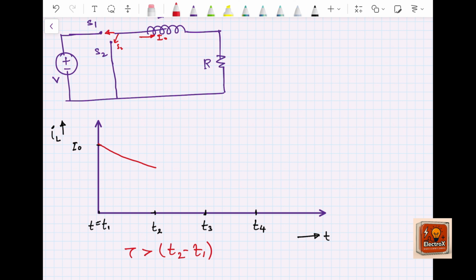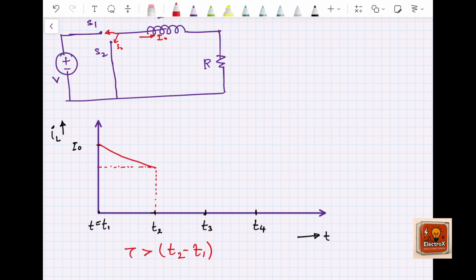Then what will happen? If this time constant is very high, it will not fully discharge, or it will not discharge up to 37%, rather it will discharge to a certain extent. At that particular instant the energy in the inductor is not fully depleted; it has some non-zero value.